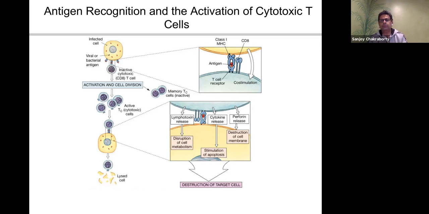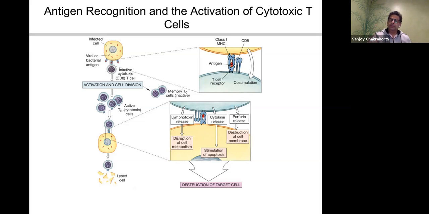Once they co-stimulate and make sure that it is infected, then the T cell undergoes cell division. Because remember, it's not a fight 1:1, it's a fight of million versus million. When it is microbiology, it's not like one cell is infected. Like bacteria infect, let's say, 1 million cells. So now your T cells undergo cell division.